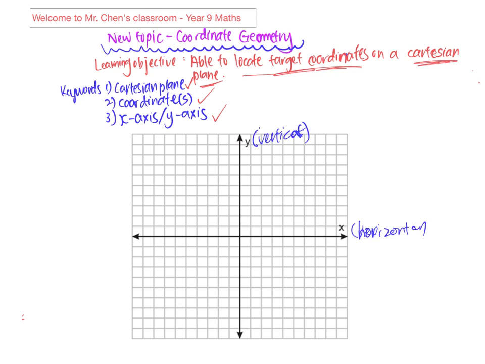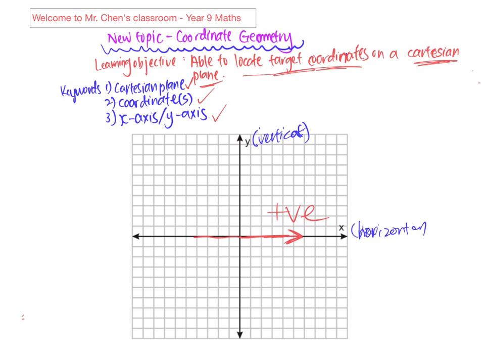Now that you know there are 4 quadrants, I'm going to teach you how to put numbers in them. For these quadrants, you have to remember the x and y axes. Anything going to the right is positive numbers.